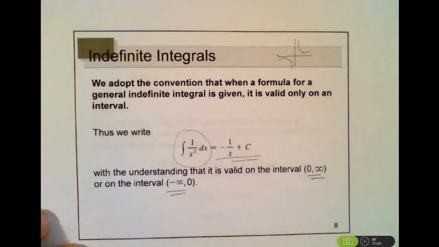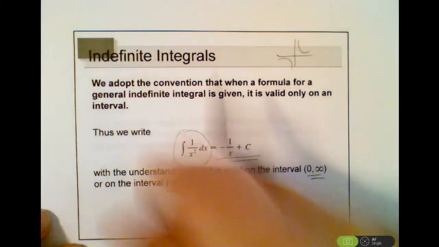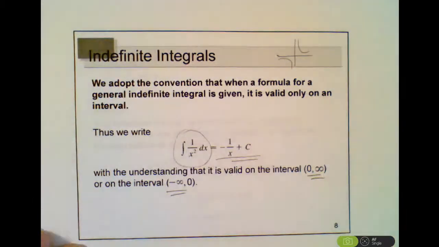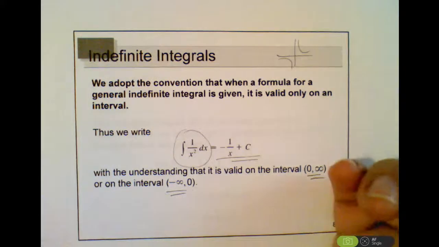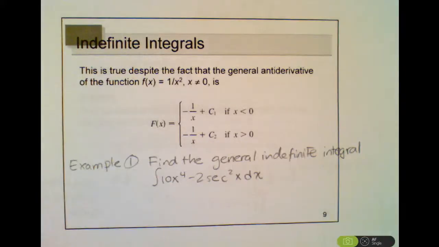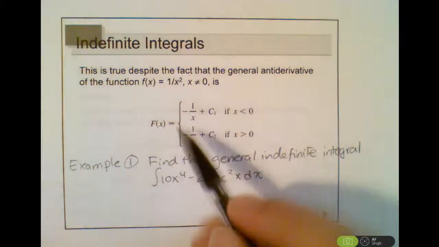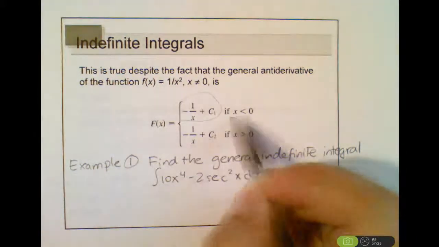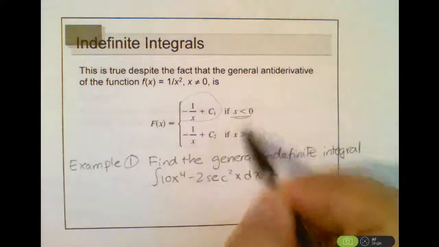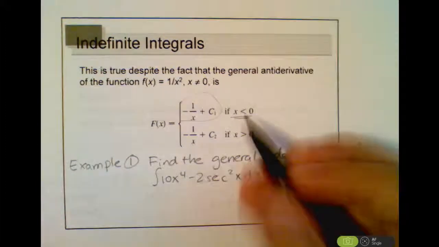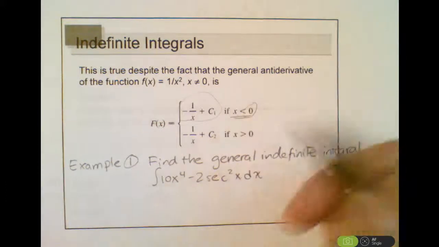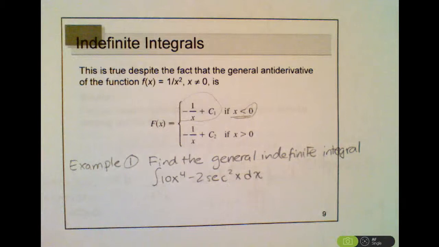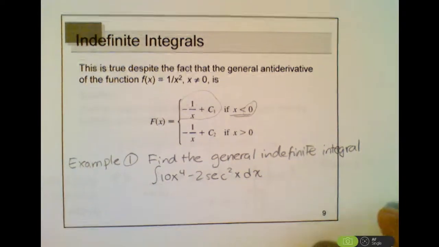So this calculation would only apply to one of those intervals, and it's not like it's going to be over the 0, because the general antiderivative will have two parts, because it can't be defined as only one part over the real numbers. We have to have one for less than 0 and bigger than 0, because that's where the break is. Now let's do example 1.